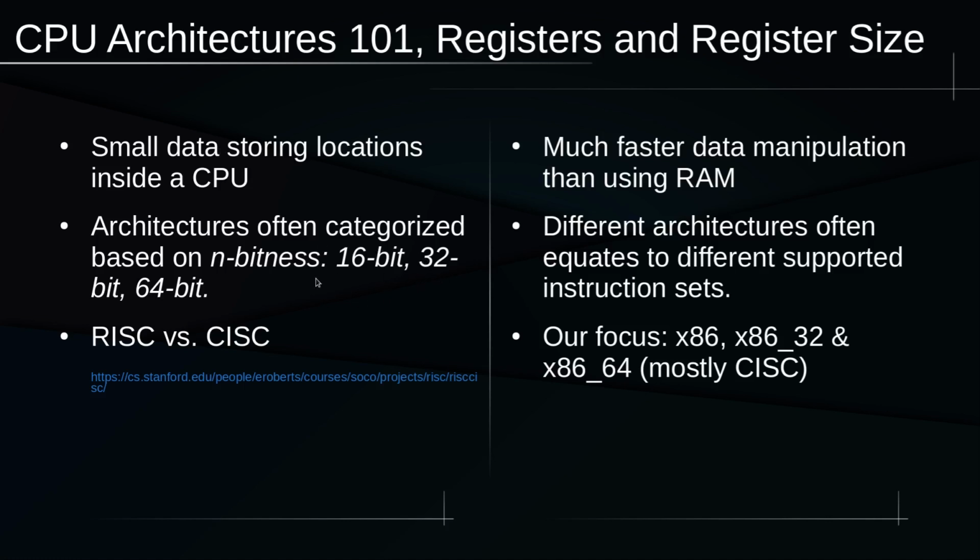So there are CPUs with 16-bit registers, CPUs with 32-bit registers, and CPUs with 64-bit registers for now. Most modern CPUs at the moment are 64-bit.